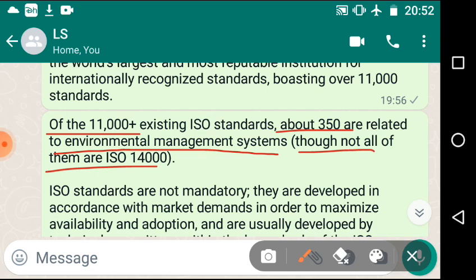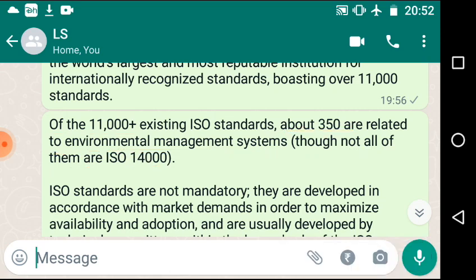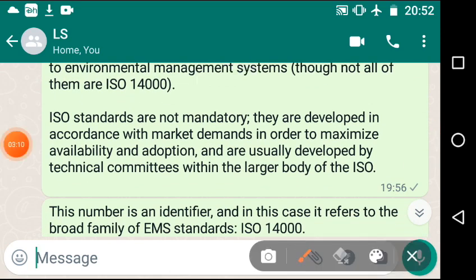So out of the 11,000 plus standards set up by the International Organization for Standardization, only 350 are related with the environmental management system, though not all of them are ISO 14,000. ISO 14,000 is mentioned in your syllabus because ISO 14,000 mainly deals with checking the environment and controlling the environment.